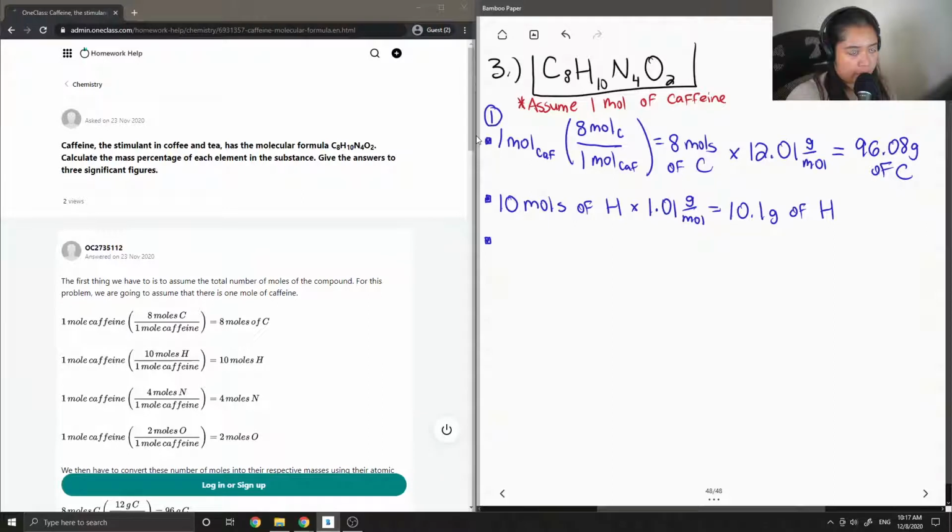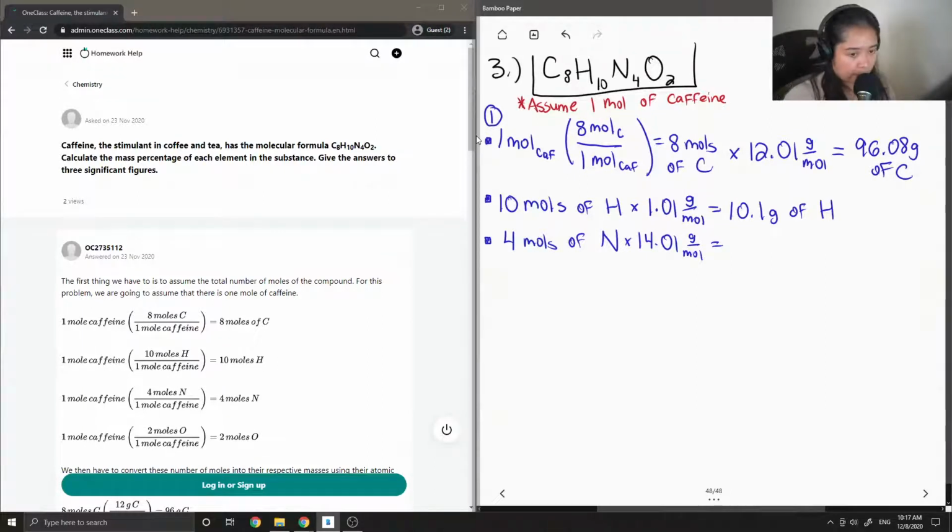Next, let's move on to the nitrogen. 4 moles of nitrogen in 1 mole of caffeine, multiplied by the atomic mass of nitrogen, which is 14.01 grams per mole.